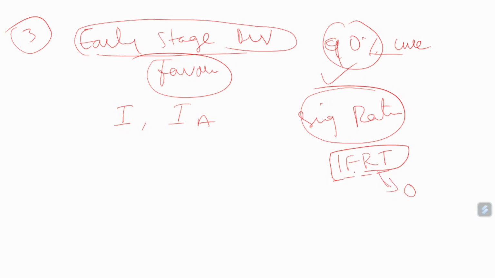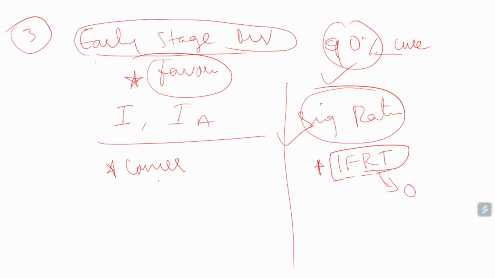So IFRT is the drug of choice in patients at early favorable stage. But one adverse effect we have: if radiation therapy is given alone in stage 1 and 1A, the patient has a risk of secondary cancers. That's why radiation therapy alone is not suggested in most Hodgkin's lymphoma.